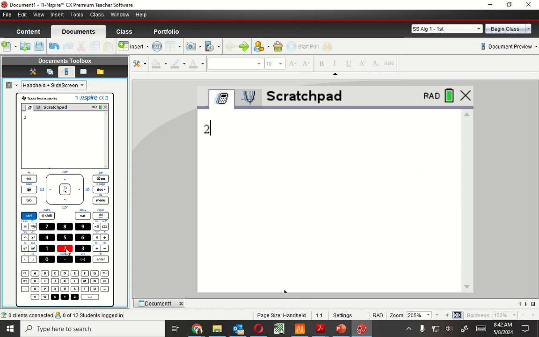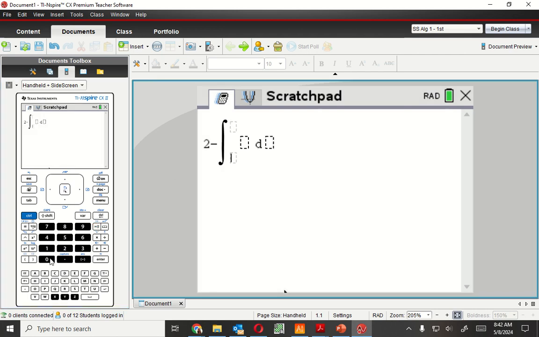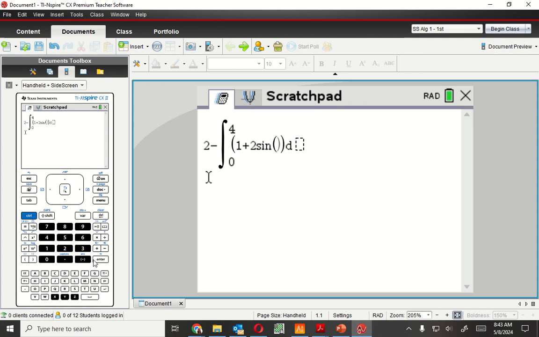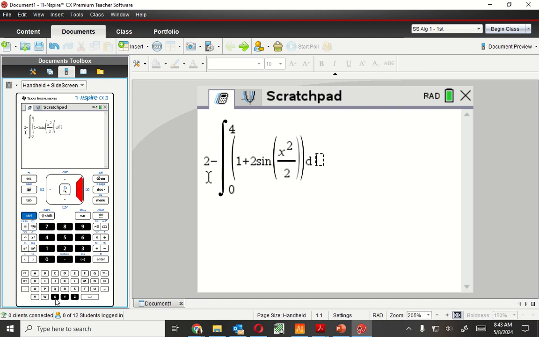So I'm going to have this 2 minus integration from 0 to 4 of 1 plus 2 sine of x squared over 2 dx.